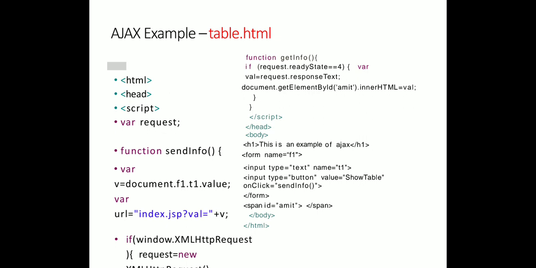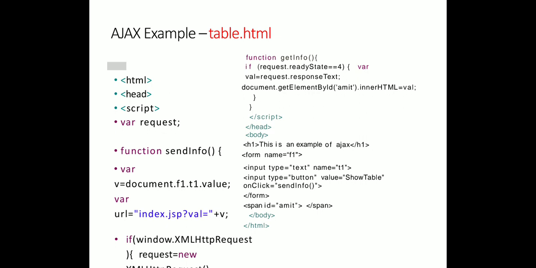That means you have to call f1.t1, the form name is f1, and input type is taken as text t1. Then input type equals button, value is show table, and onclick sendInfo. So when we see the output, you will get a clear idea of this example.